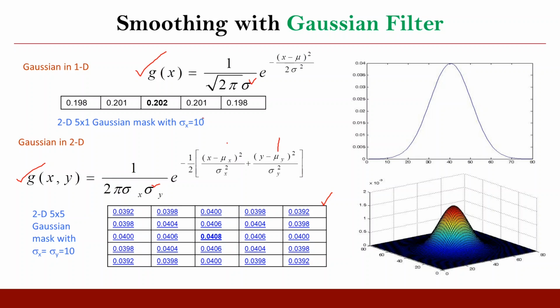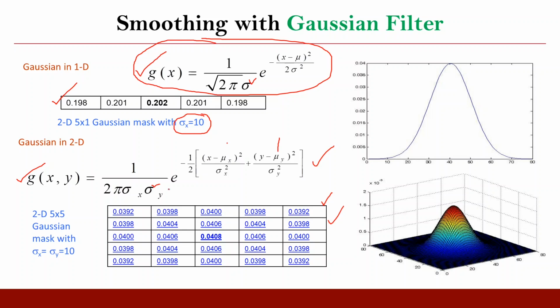So the important parameter that you need to decide, or for which you need to fix the value, is the sigma. By choosing a suitable value of sigma and by using this equation, you can define the filter weights in case of 1D. If you are using the Gaussian equation for 2D, this one, here you can choose sigma in x and y direction, and based on the chosen sigma you can decide the filter weights and get this matrix.